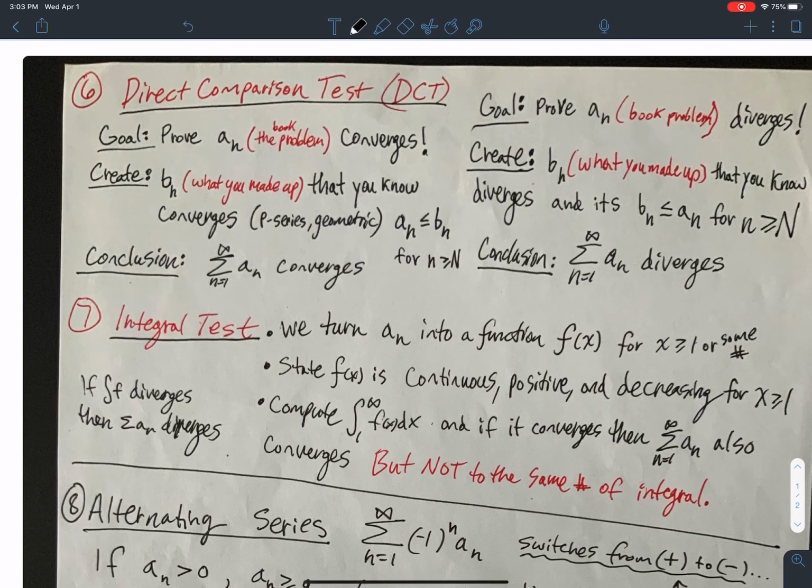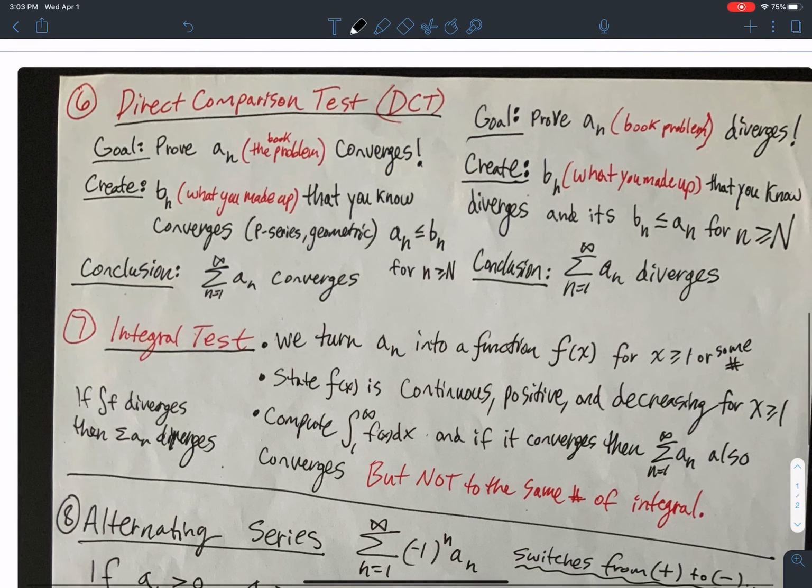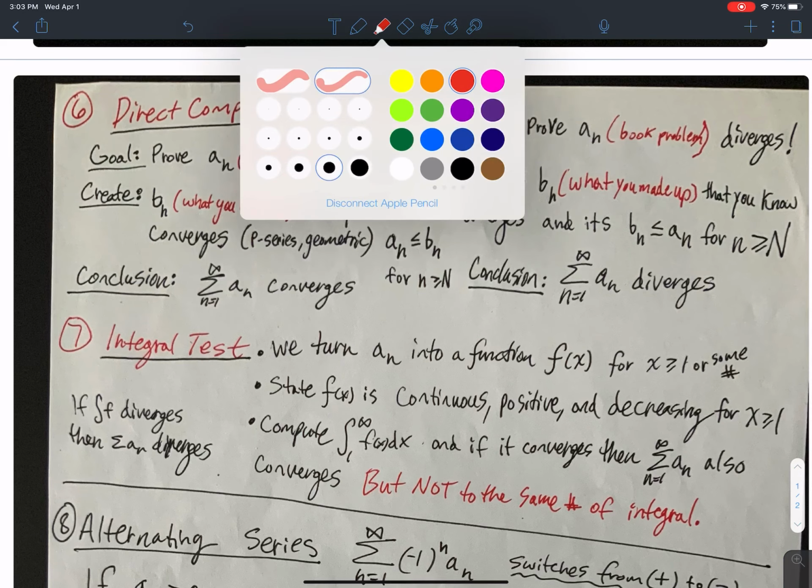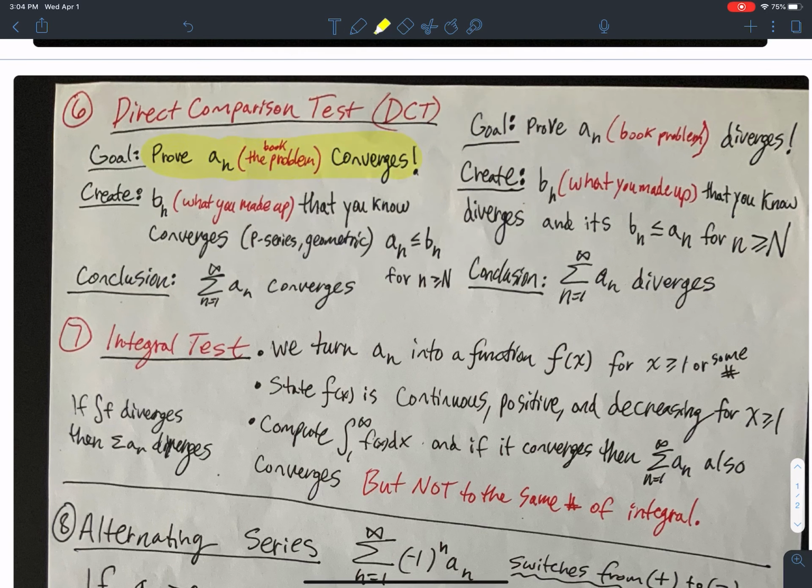And so with the direct comparison test, what you're thinking about doing, if your goal is to prove that a_n converges, you're looking at it, thinking, man, this thing looks like it's going to converge.